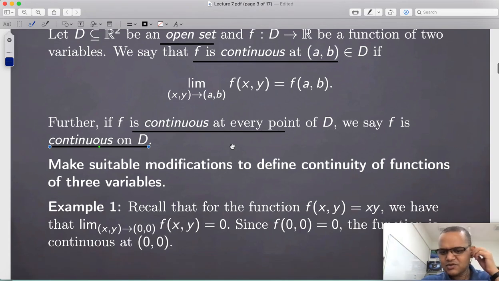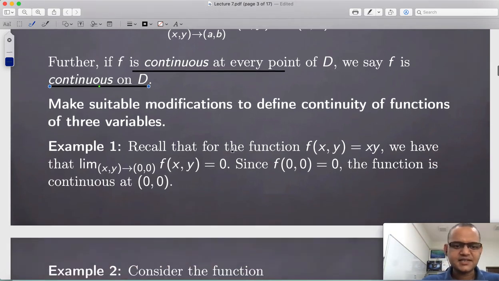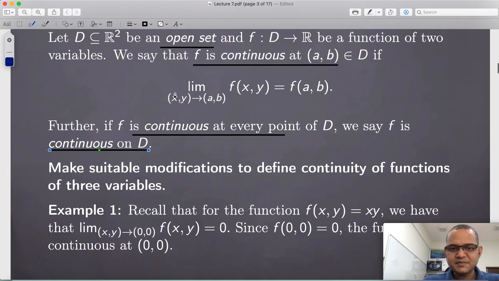Okay, so let us look at some nice examples. Whenever you see a notion which was done in your calculus 1, try to relate the two things. Here the difference you should notice is that the limit is being taken in R2, which means the point is being approached from all possible directions simultaneously.